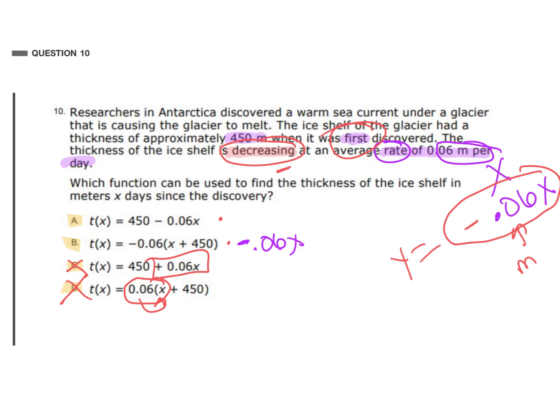So that would give me a y-intercept of negative 27, which is not what I have here. And then let's look at A. Okay, well here I have that negative 0.06. It's attached to my x, so I know that this part is my slope, and that 450 is my y-intercept.